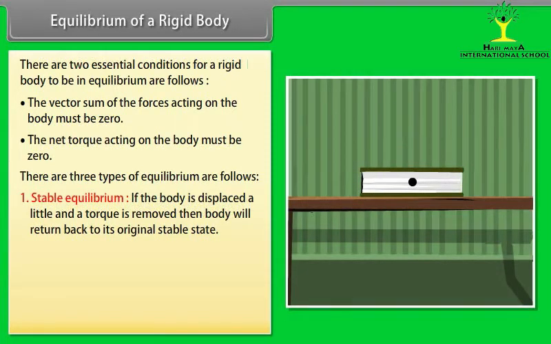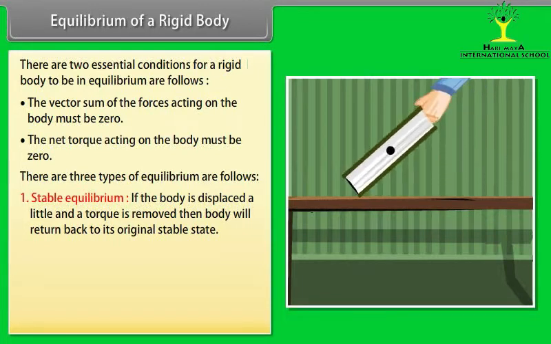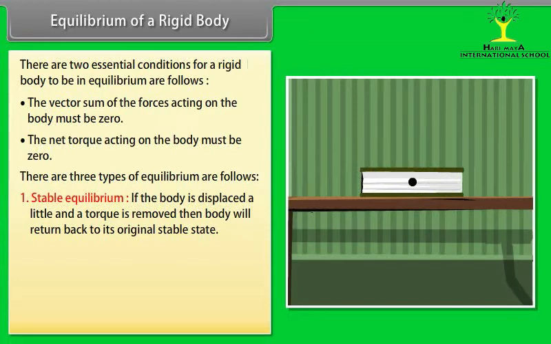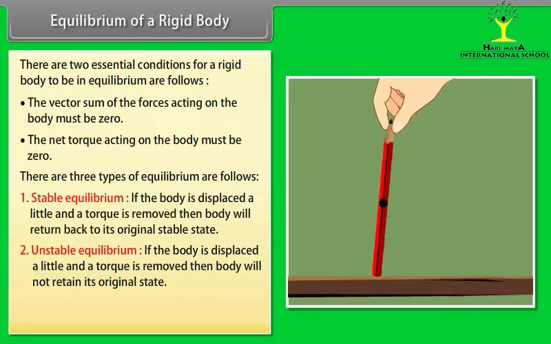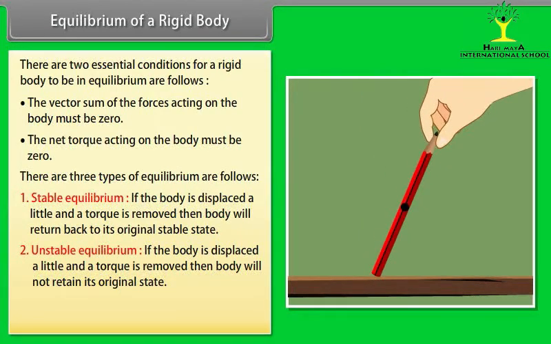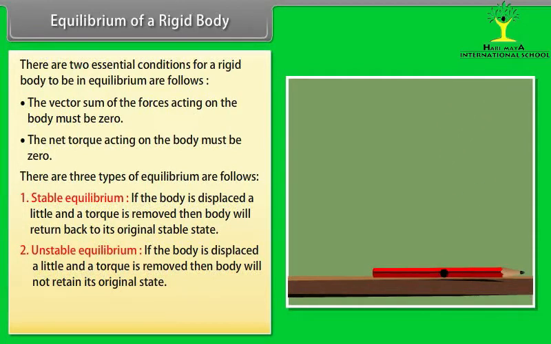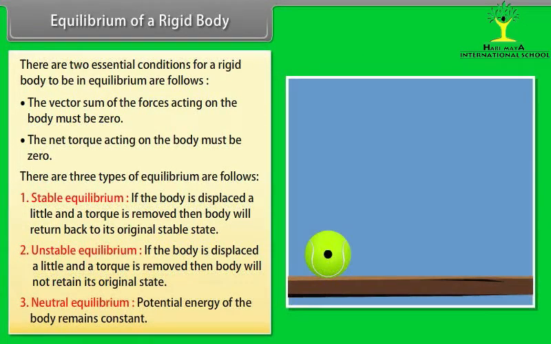If the body is displaced a little and the torque is removed, then the body will return back to its original stable state. Number 2. Unstable equilibrium. If the body is displaced a little and the torque is removed, then the body will not retain its original state. Number 3. Neutral equilibrium. Potential energy of the body remains constant.